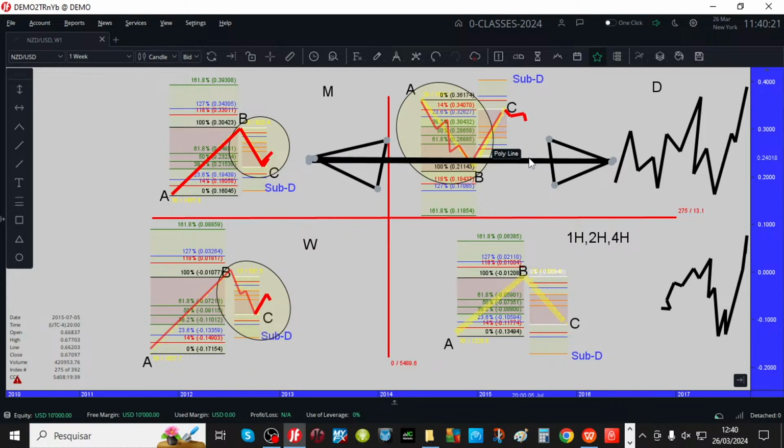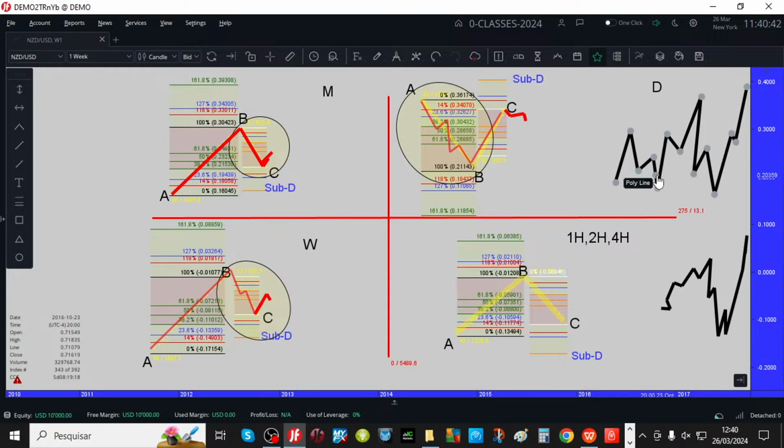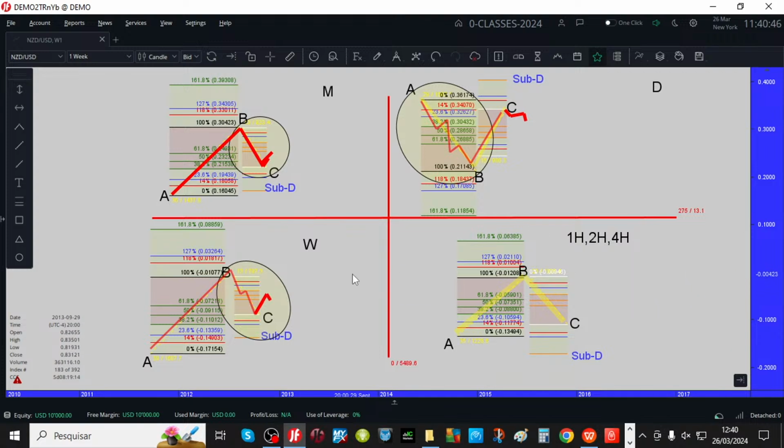No. Answer the question. Don't complicate. What is the monthly telling you? It's a probability game. Bullish. Very good. So the monthlies go up. If the monthlies go up, what do you think is going to happen on the weekly?